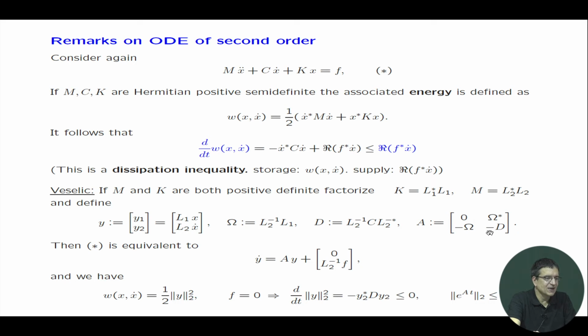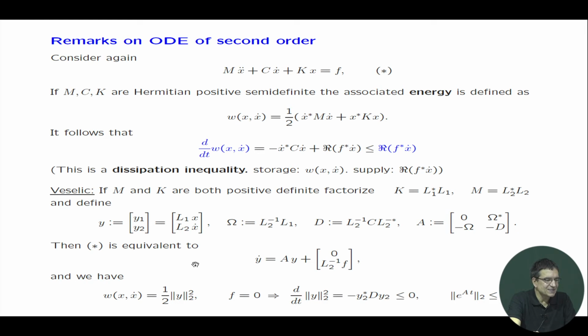And then you have an equivalent differential equation of first order: Y dot equals A times Y plus this inhomogeneity. Because of this factorization, the energy is just 1/2 of the Euclidean norm of Y. This is quite trivial, because if you multiply this vector with itself, you get a sum of two parts, L1 star L1 and L2 star L2.